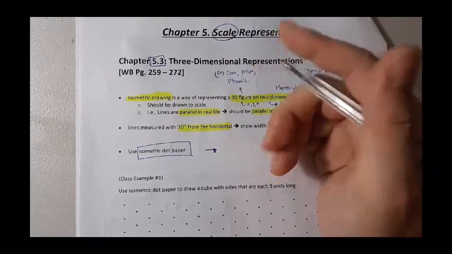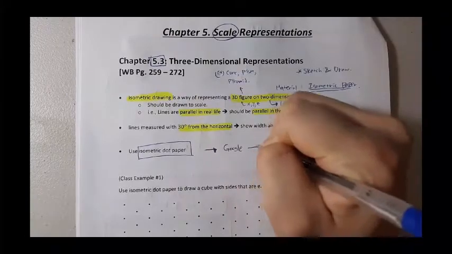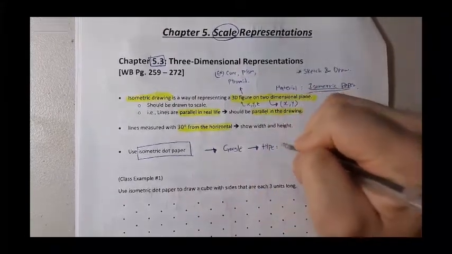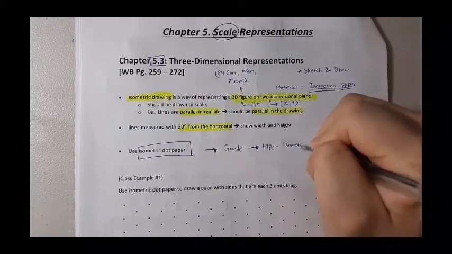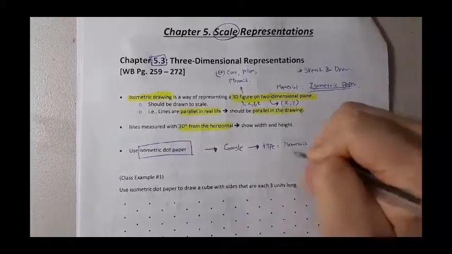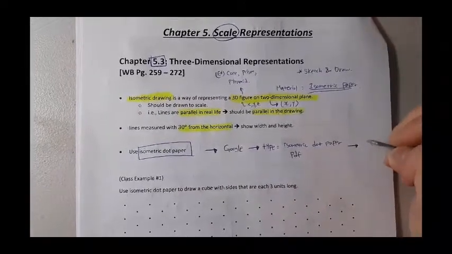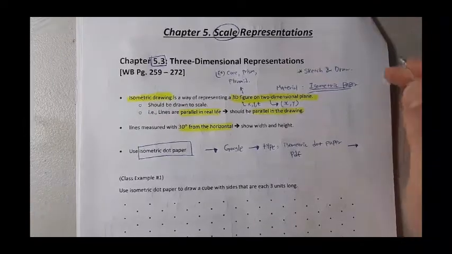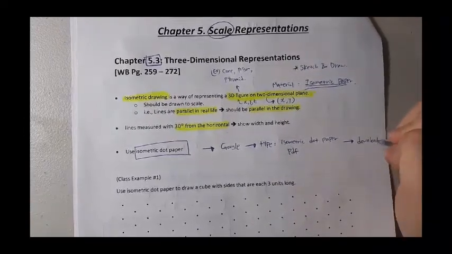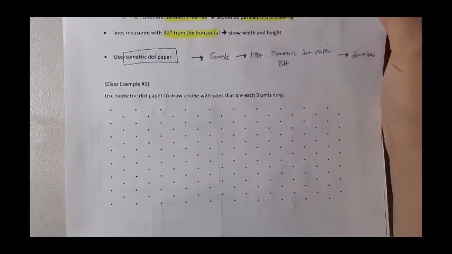At the same time, you can also go to Google and just type isometric dot paper PDF, and then you can click any of the first, second, whichever reliable website and download your PDF file. Then you can use your printer.